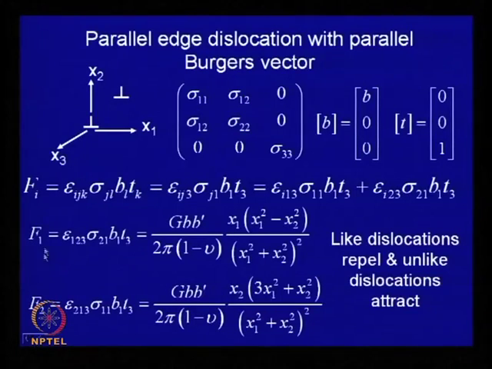So, now only two components of force will be acting here, one along this direction, which will help it to glide, whereas there is a force along this direction, which is not a slip plane, this is the plane on which it can climb. So, this cannot contribute to the glide movement of the dislocation, but it can certainly help in climb motion.